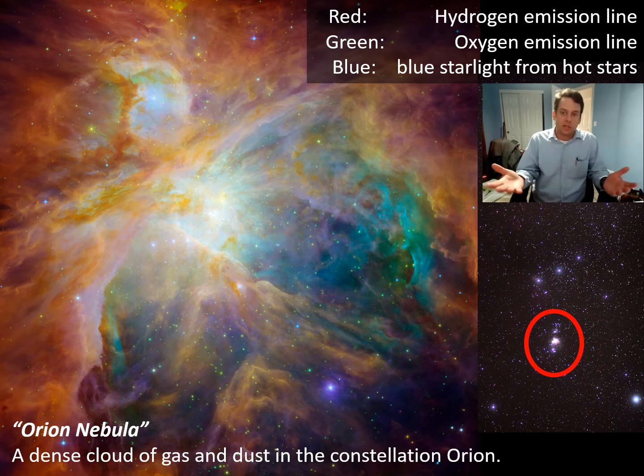In this particular case, we see the traditional red line from hydrogen. If we see red light, that's typically coming from hot hydrogen gas. Green light is a prominent oxygen emission line, so that indicates regions of the nebula where there is some oxygen.